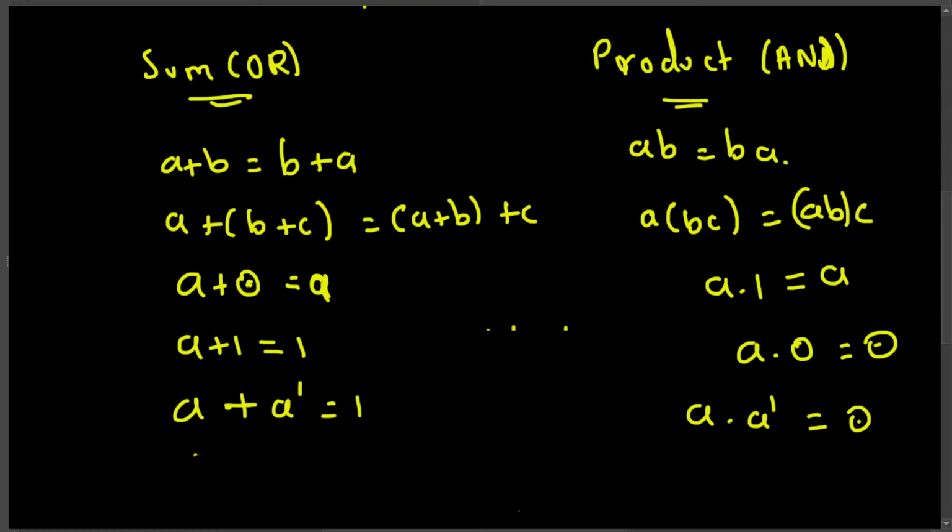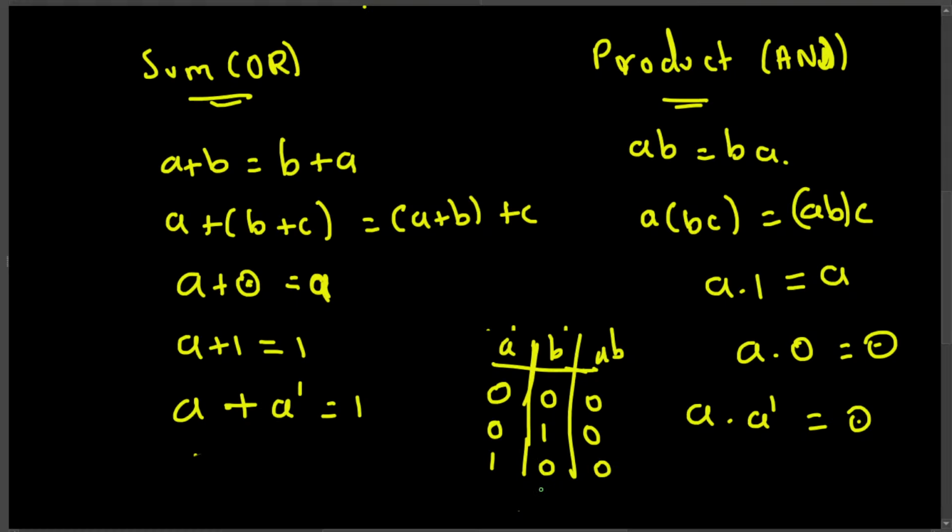And for this one, in the AND gate, if you look at the AND truth table, with A, B input and the output: if you have 0, 0, that is 0. If you have 0, 1, that is 0. If you have 1, 0, that is 0. And the only place that is 1 is when both of them are 1.